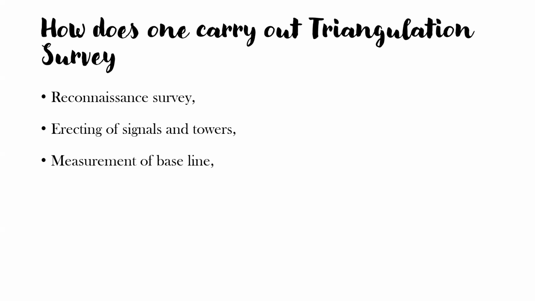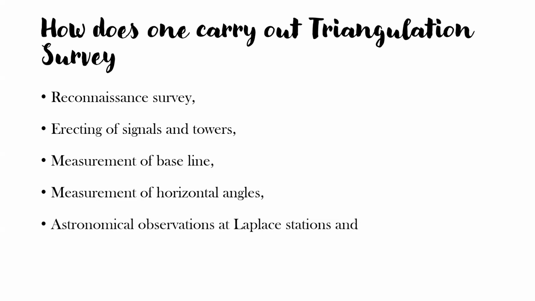And we measure the baseline. Measurement of the baseline with highest precision and accuracy is to be carried out. All the angles required are measured with highest accuracy. Horizontal angle measurement, which was learnt in theodolite survey, comes in handy over here. It is either done with the help of the repetition method or the reiteration method.